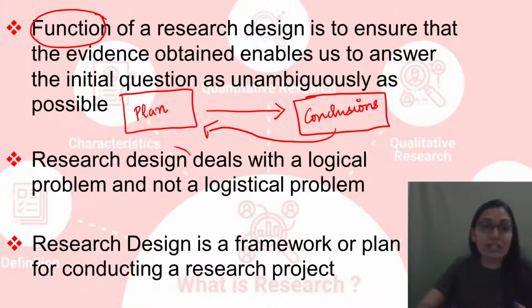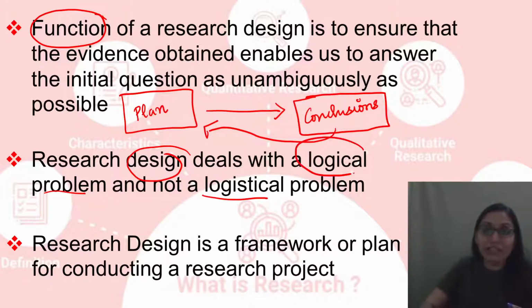Now, research design deals with a logical problem and not a logistical problem. Now, what does it mean? It deals with a logical problem. So, logical problem means that it deals with conclusions. Whereas, what is meant by logistical problem? Logistics is all based on numbers or quantity.